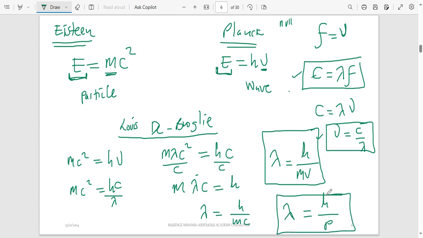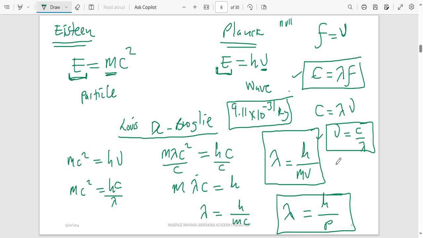They can give you Planck's constant, which is a constant, 6.626 times 10 to the power negative 34. They'll give you the mass, and the mass of an electron is a constant, 9.11 times 10 to the power negative 31 kg. They'll give you this value in case you are talking about an electron.